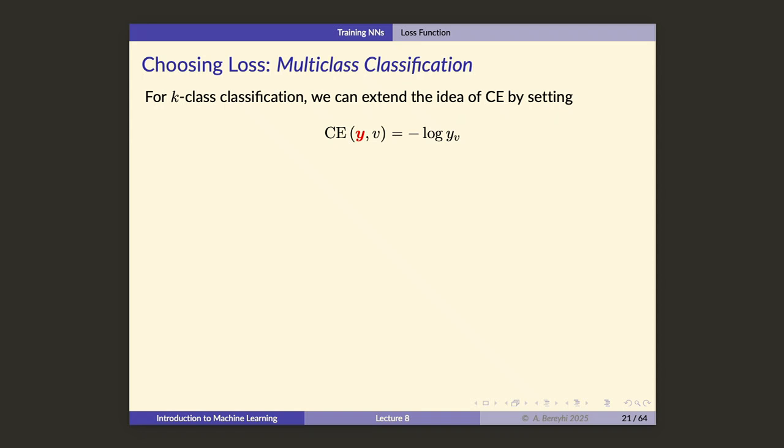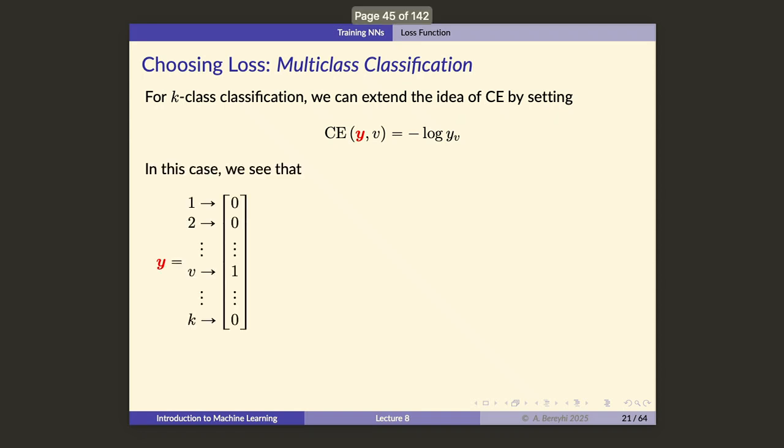So this is how we can define the cross entropy in the more general case of k-class classification. Essentially, if we have k different outputs, what we would like to have at the output of our neural network is this: if we are sending anything from class v into this network, we want the output of the neural network to be exactly 1 at that index v.